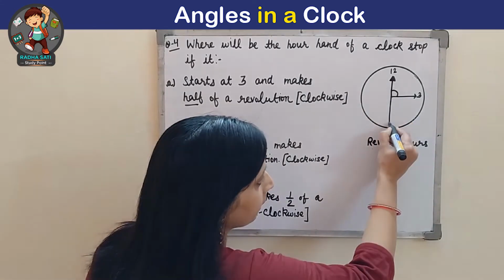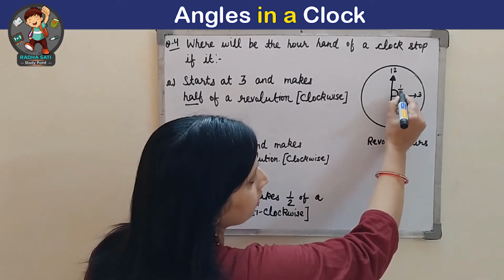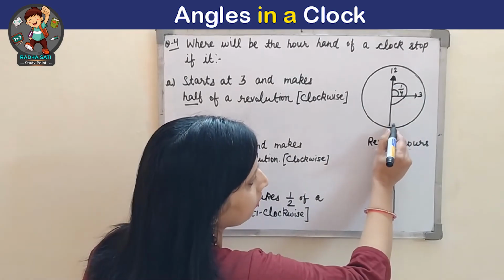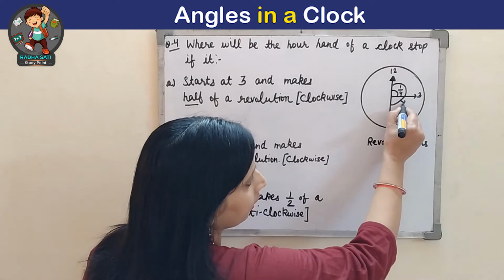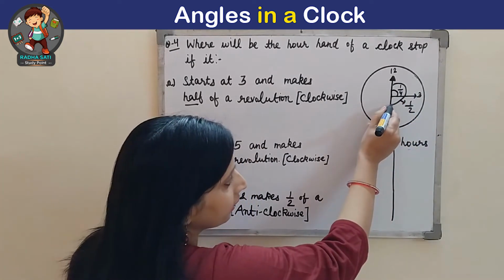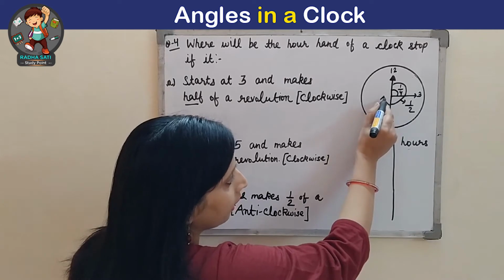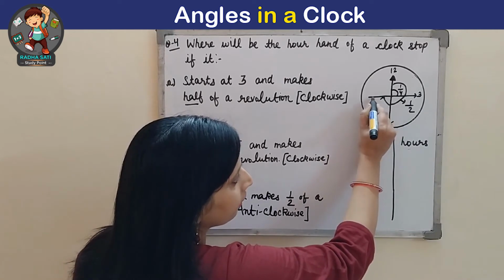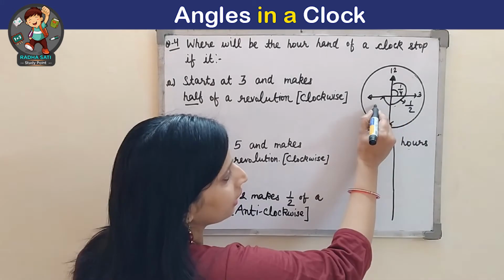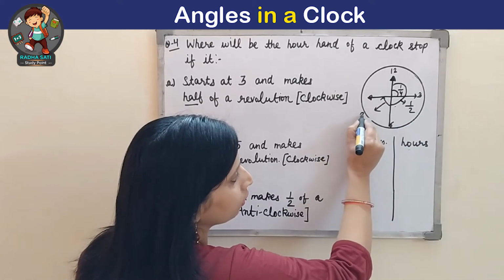Then in 6 hours, it will make half revolution. Okay. Then from 12 to 9 till here, it will make half plus 1/4, that is 3/4 of a revolution.